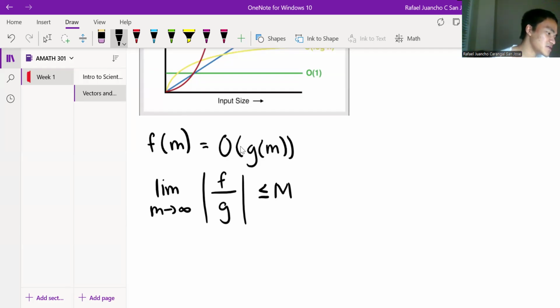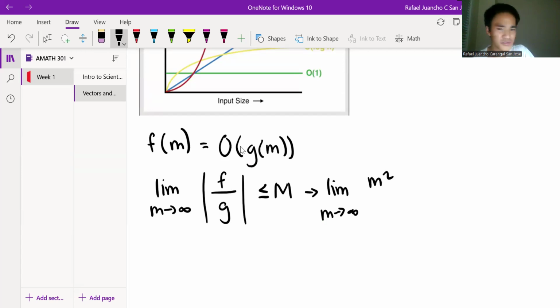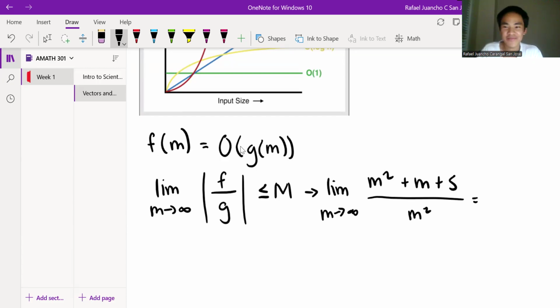So what's going to happen here? Let's say, if m reaches infinity, and we do m squared plus m plus 5 over m squared, we just calculate this limit like in a calculus class, we're going to get 1, right?